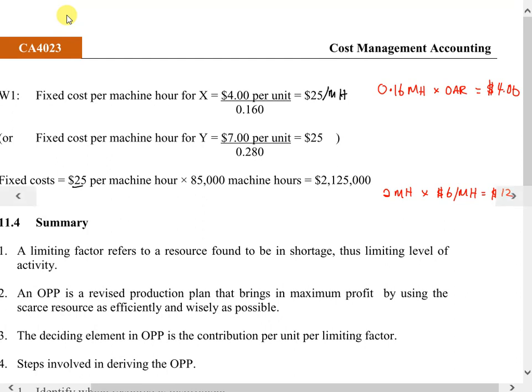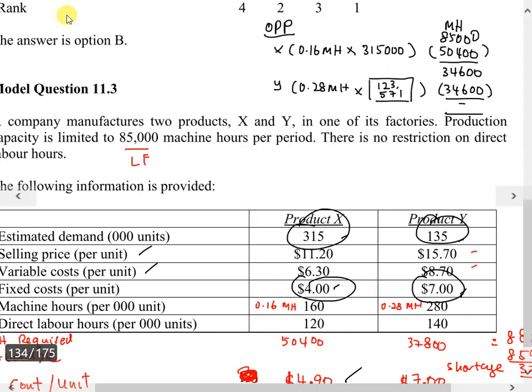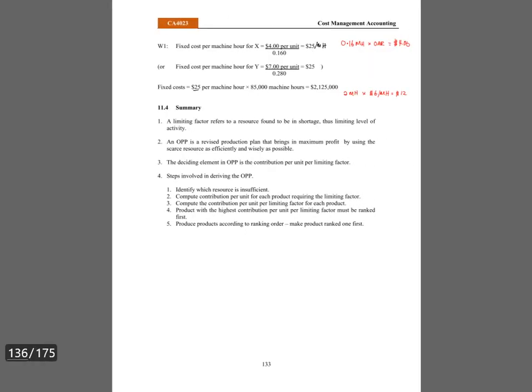If you apply it here, it's the same: 0.16 times the OAR. If we do not know the OAR per machine hour, but we are given $4 per unit, we can find the OAR per machine hour.